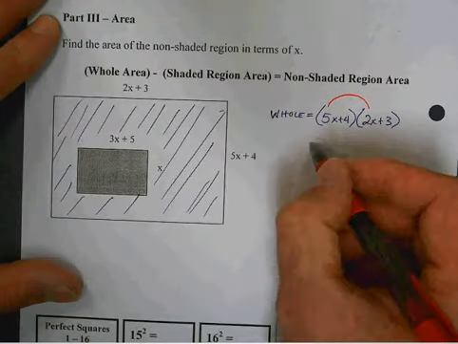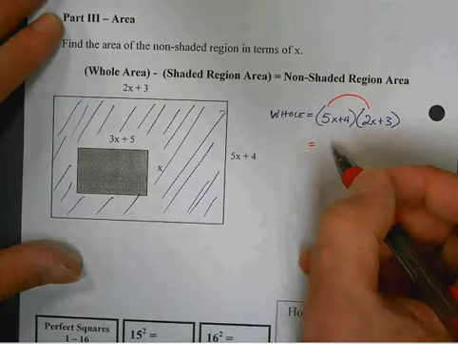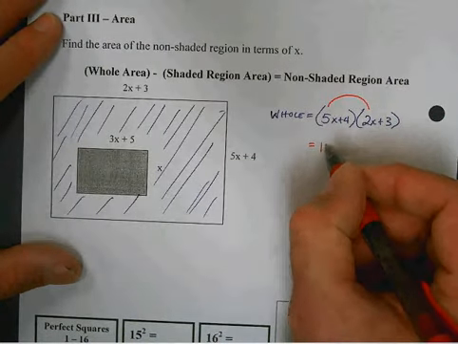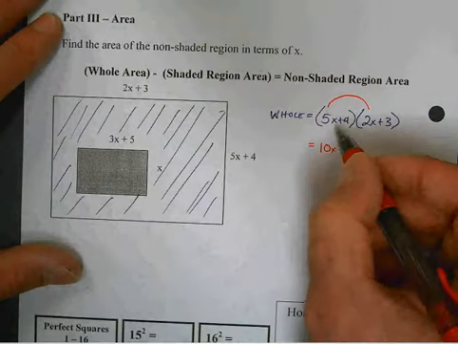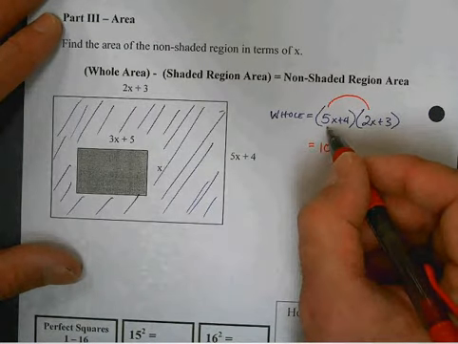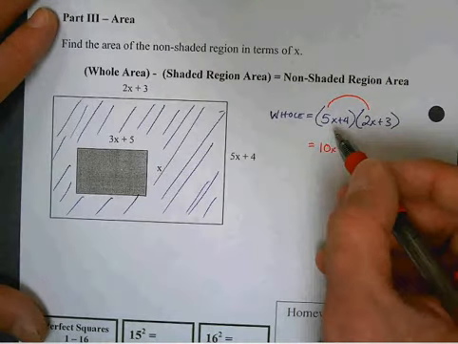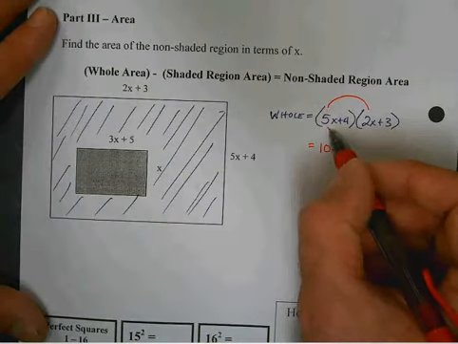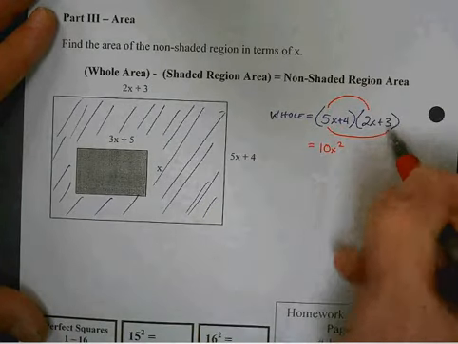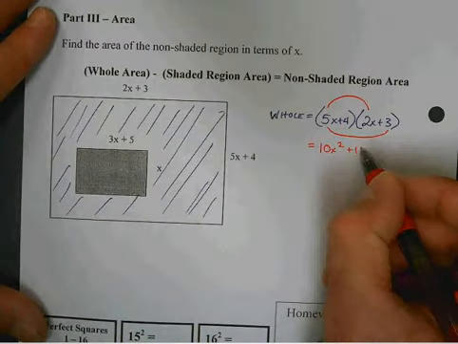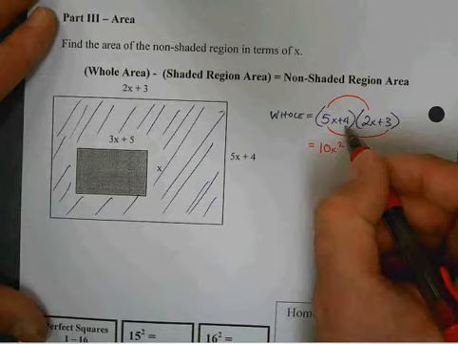So you do 5x times 2x and it's 10x squared. Good. And you do 4 times 3. Outside. Think outside. Oh yeah, so 5x times 3. Okay, so there's outside. 15x. All right, 15x. Now inside. Just what you said, the 4 times the 2x.